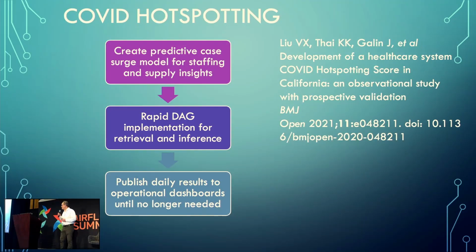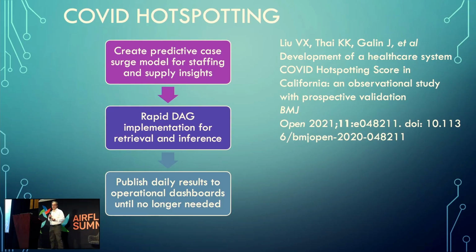So here's a use case that we probably all want to forget about. During the pandemic, it became obvious that we needed to know where we were going to have a surge of cases. So if we wanted to have enough staff and enough supplies to handle that surge in COVID cases, it would help if we could have some predictive insight into that.